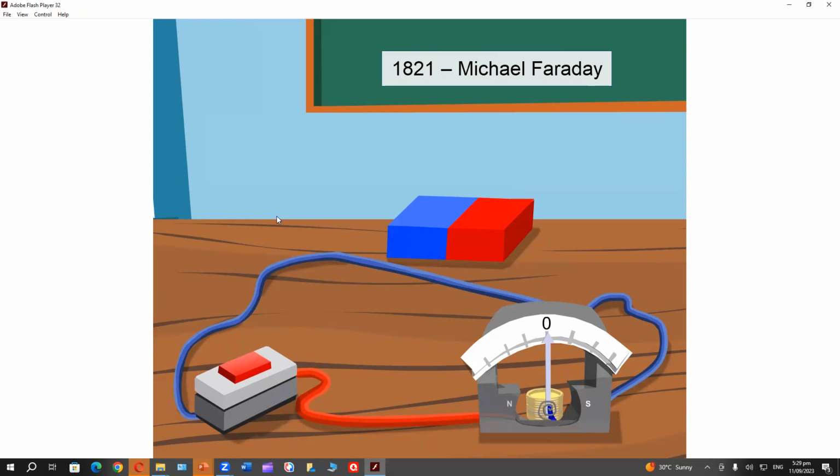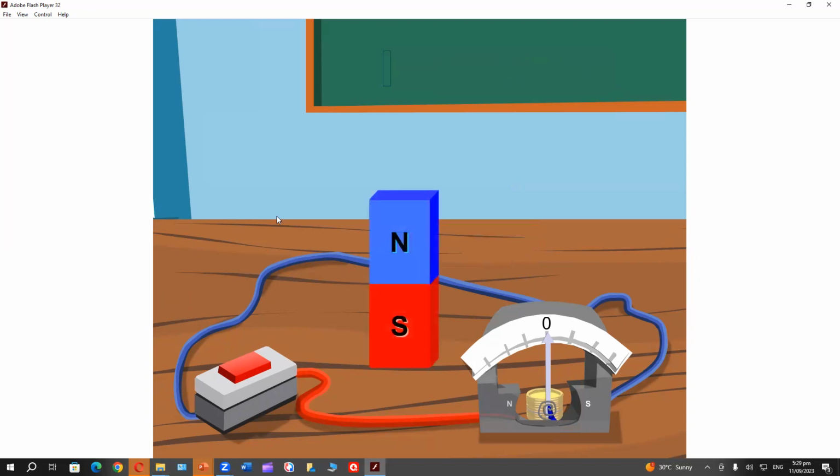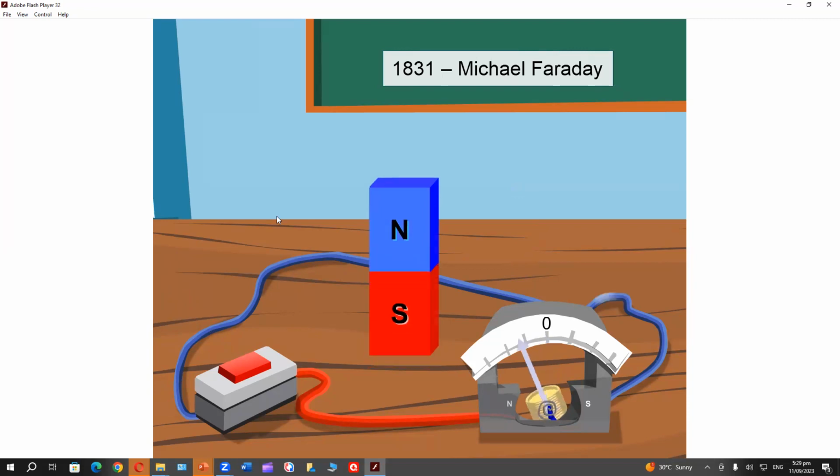However, when any conductor was placed near to a magnet, no current occurred. After years of fruitless attempts, in 1831, Faraday made a significant discovery. Current occurred in a conductor only when changes took place in the system, for example, during the movement of a magnet.